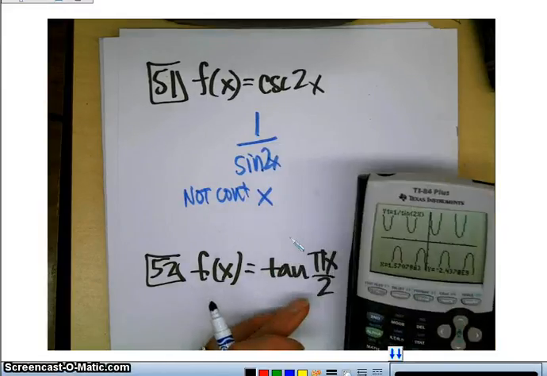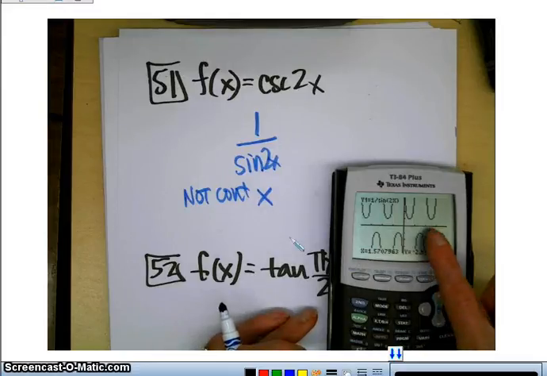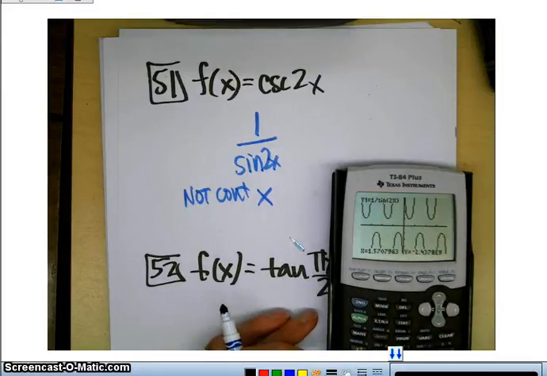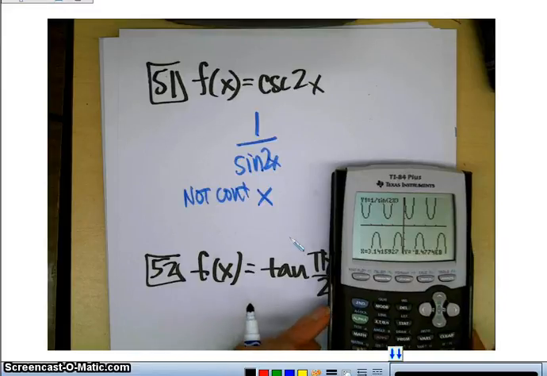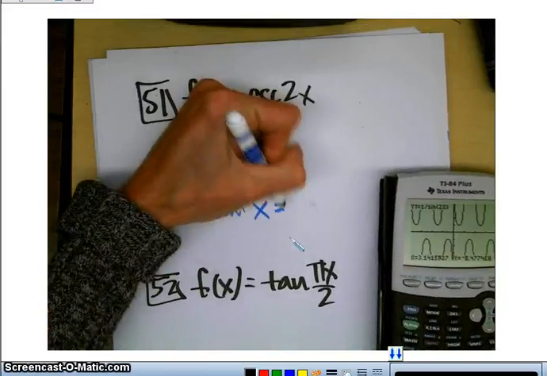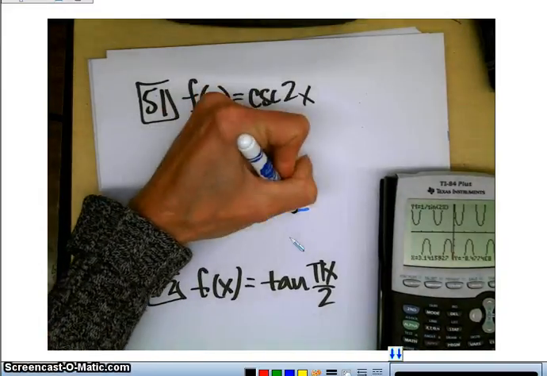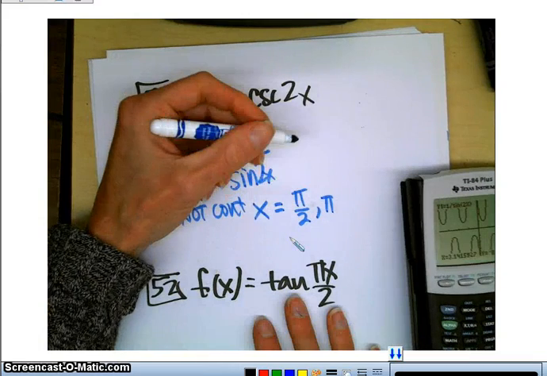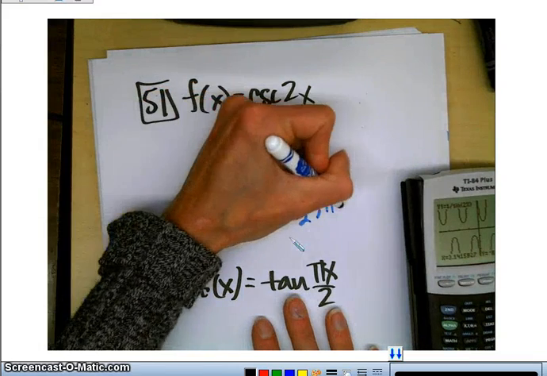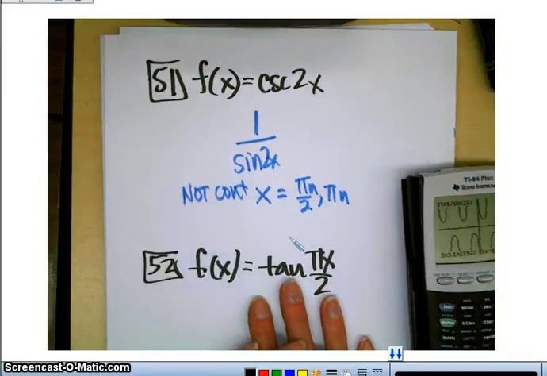So it'd be pi over 2 and pi. Let's see where this other one is, is this about at 3.14 where it jumps over? Yep, okay, so it's not continuous at x equals pi over 2, comma pi. So basically it's pi over 2 n and pi n. That's where it's not continuous.